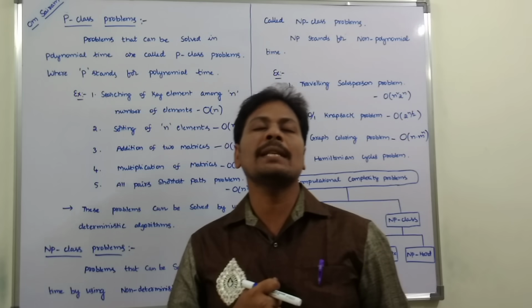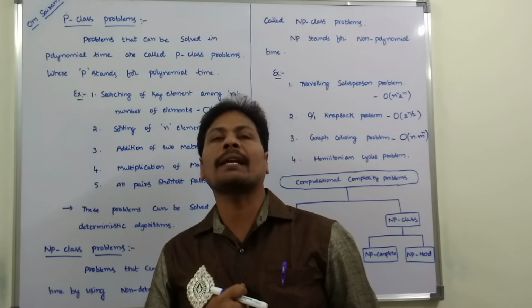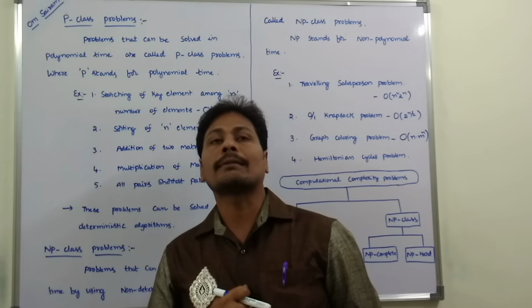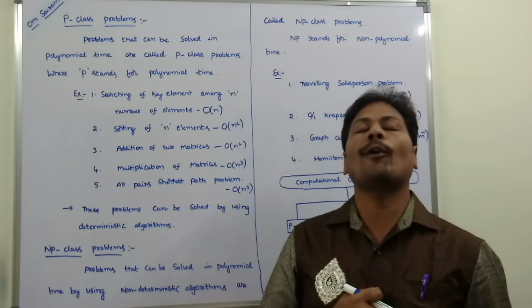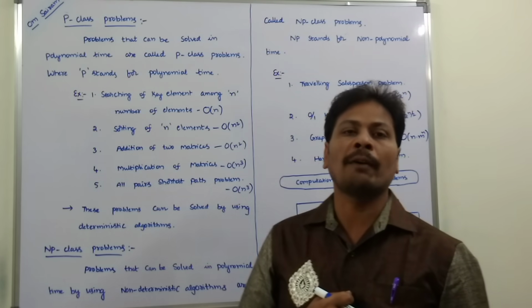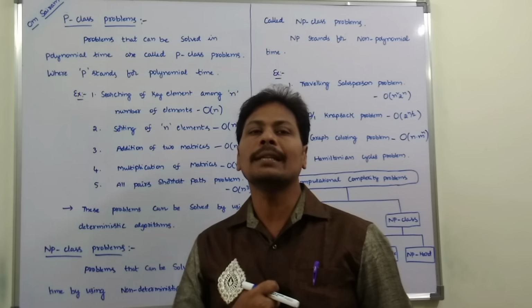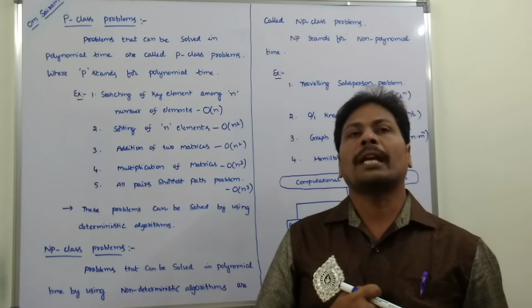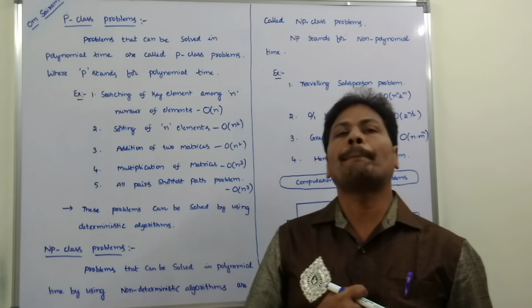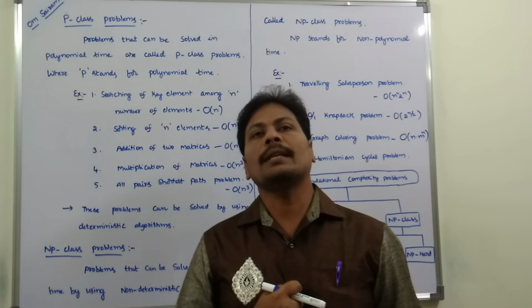The examples for NP class problems are the traveling salesperson problem, which can take big O of n square into 2 power n time complexity. Graph coloring problem, big O of n into m power n time complexity.